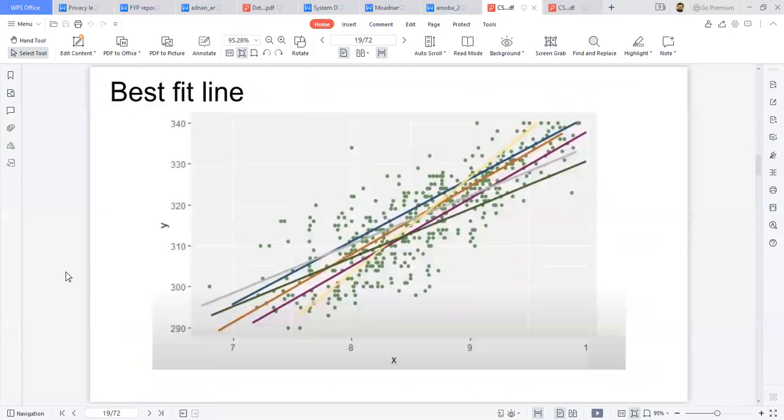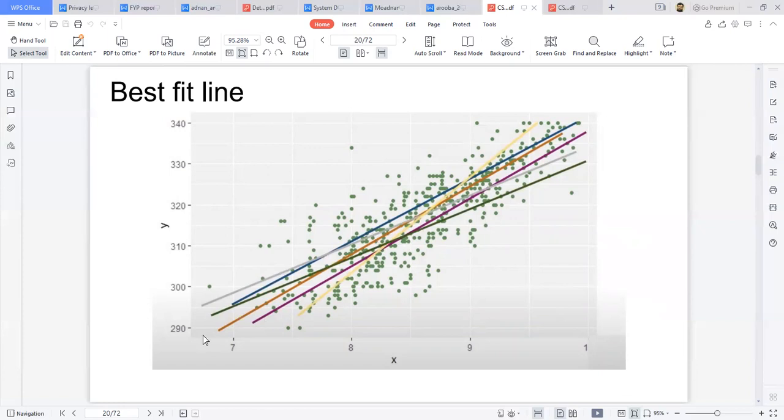We will have different lines here, and we have to find the values of theta naught and theta 1 by using the partial derivative. Gradient descent actually uses the partial derivative to find the best line. In a partial derivative, we keep one variable constant and differentiate with respect to the second.